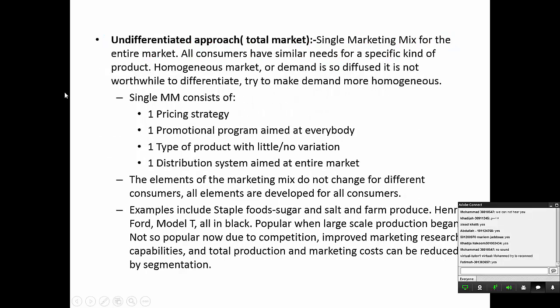They use what we call the undifferentiated approach, or the total market. This is a marketing management that considers the market as a single marketing mix. That means they have one pricing strategy, one promotion, one type of product, and one distribution system.